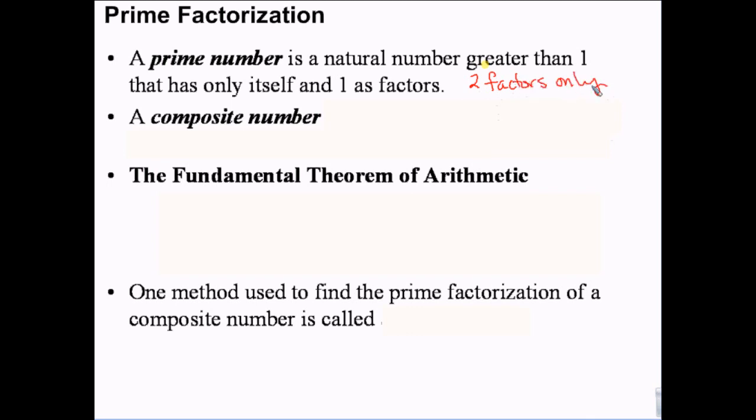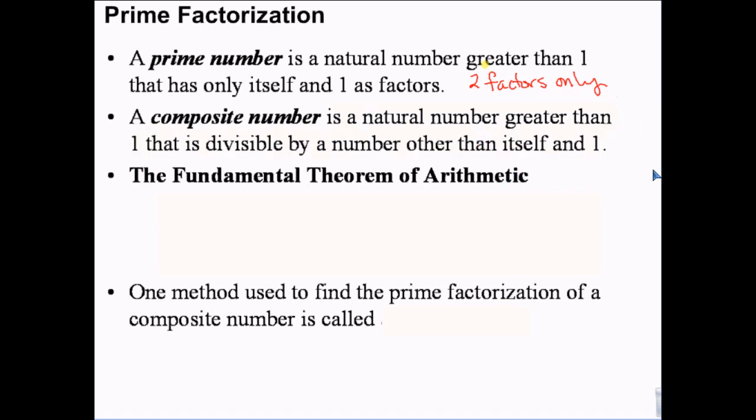And this is why number 1 is not prime. The number 1 only has 1 factor. Basically, you have 2 major kinds of numbers. You have prime and composite. Prime numbers only have 2 factors, 1 and themselves. Composite numbers have more than 1 factor.